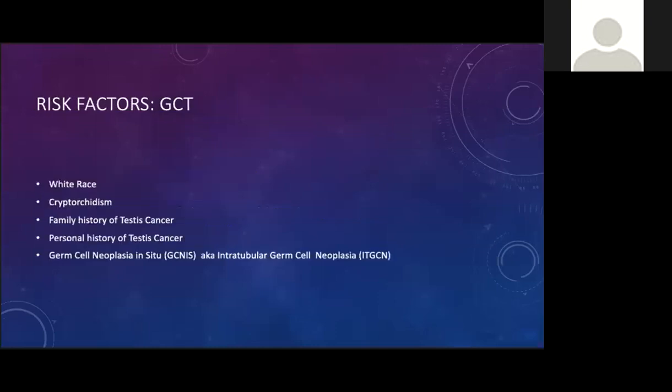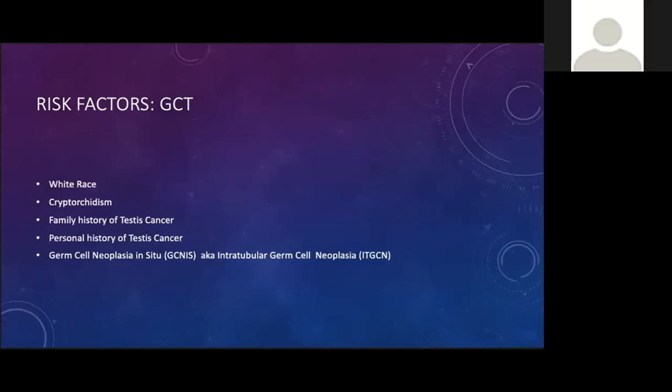For the risk factors, these include white race and cryptorchidism, because men with cryptorchidism are 4 to 6 times more likely to be diagnosed with testis cancer in the affected gonad, but the relative risk falls to 2 to 3 times if orchidopexy is performed before puberty.